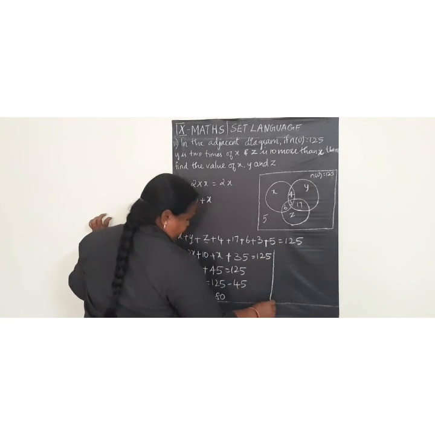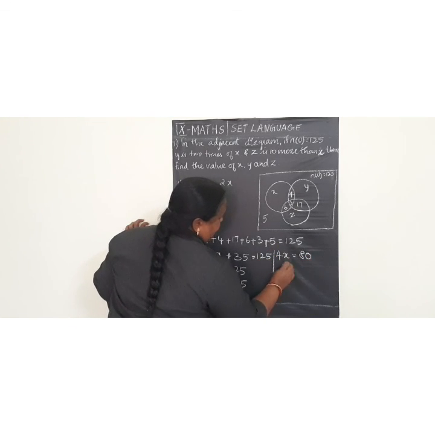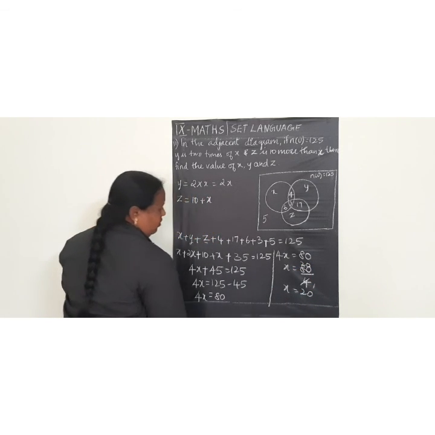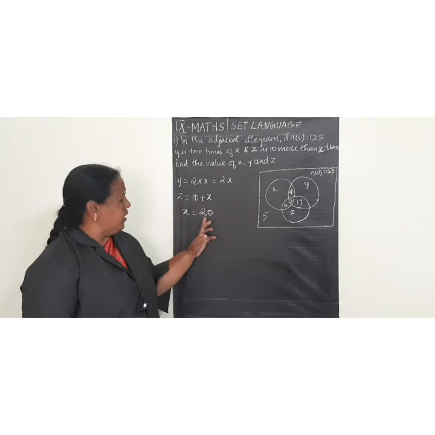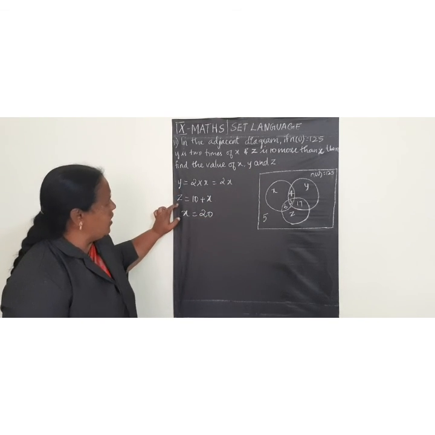4x is equal to 80, x is equal to 80 by 4, so x is equal to 20. Now we found that x is equal to 20. Next we have to find the value of y and z.